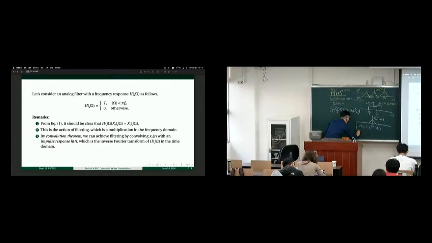We need to calculate this, and there should be a normalization factor. We call the result the impulse response. Is that clear? We are going to calculate this inverse Fourier transform next.